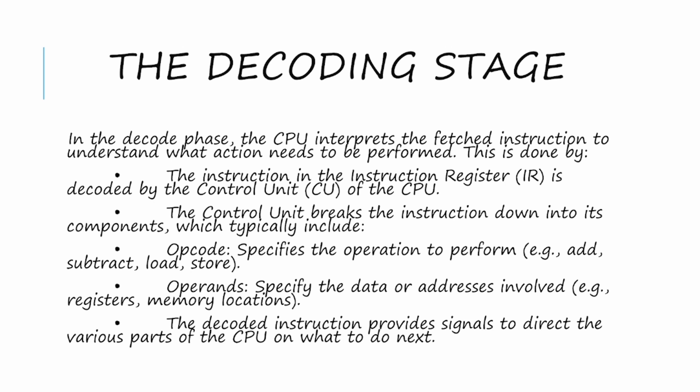The control unit breaks the instruction down into its components, which typically includes the opcode, which specifies the operation to perform, that is, add, subtract, load, and store, etc. The operands specify the data or addresses involved, for example, the registers and memory locations. The decoded instruction also provides signals to direct the various parts of the CPU on what to do next.